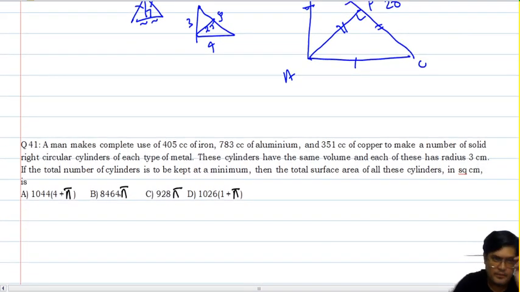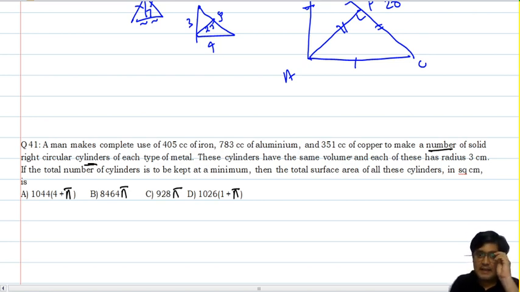A man makes complete use of 405 cubic centimeter of iron, 783 cubic centimeter of aluminium, 351 cubic centimeter of copper to make a number of solid right circular cylinders of each type of the metal.